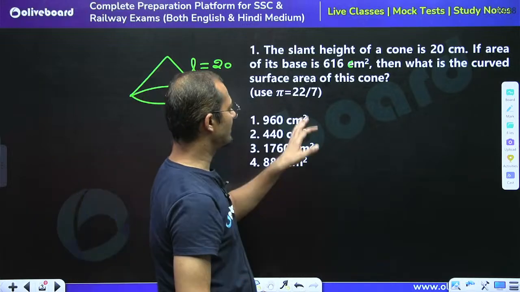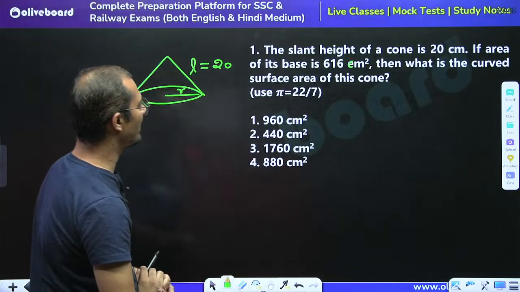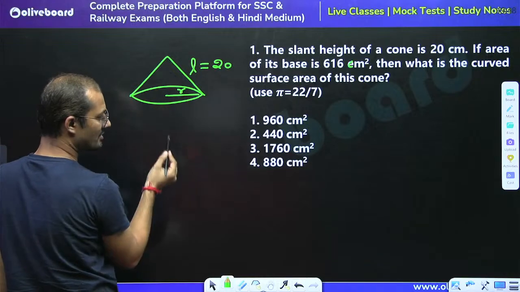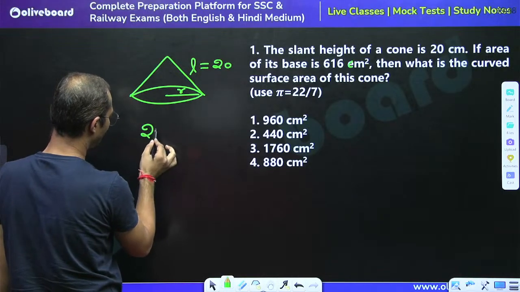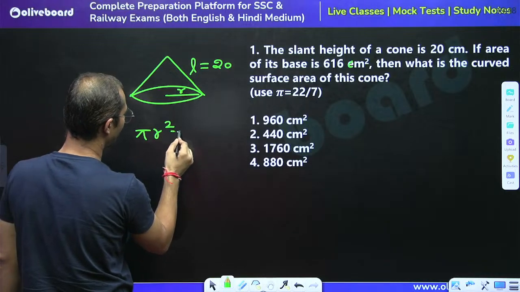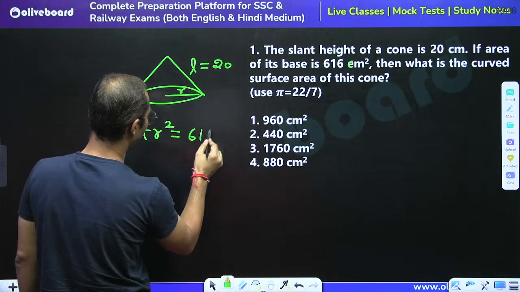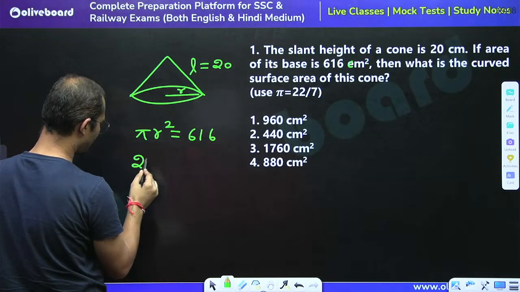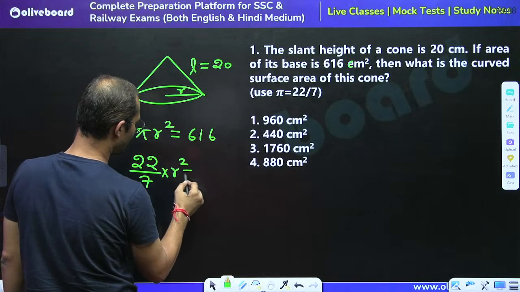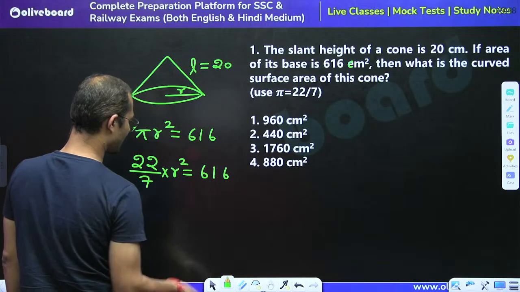The base of the cone is a circle, so the base area is pi r square, equal to 616. So 22 divided by 7 into r square is equal to 616, right?